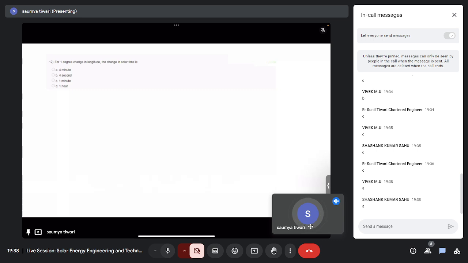So, for 1 degree change in longitude, the change in solar time is.